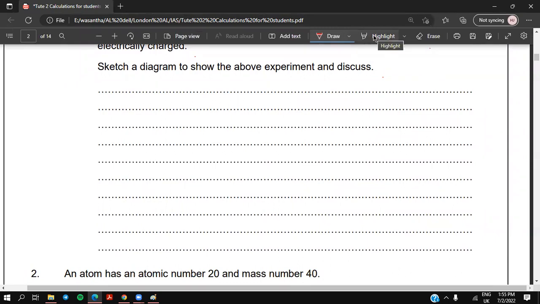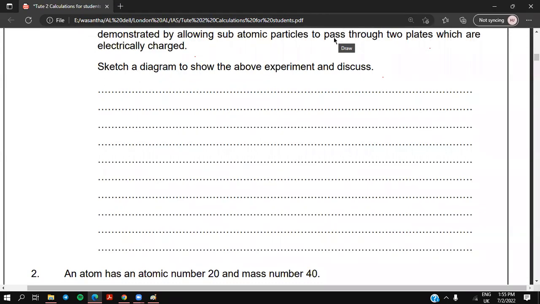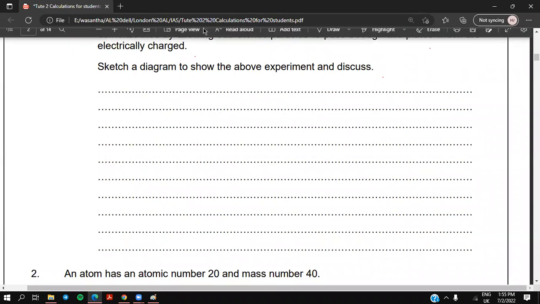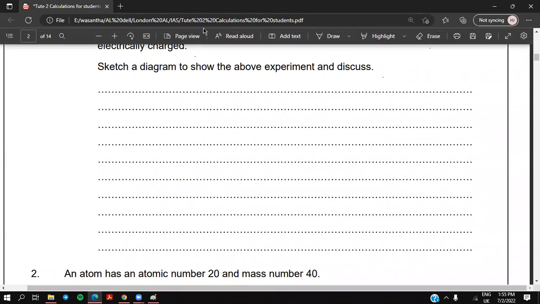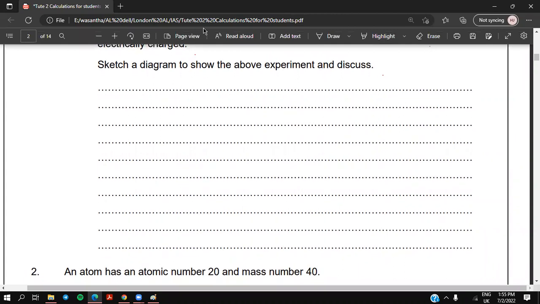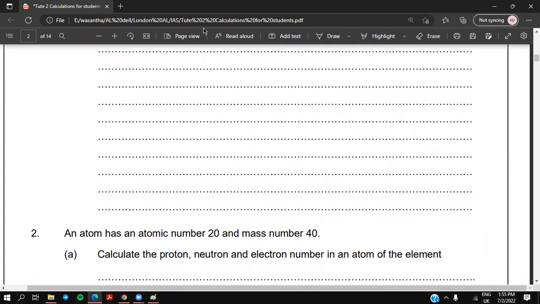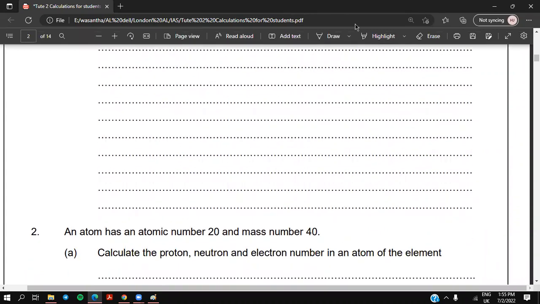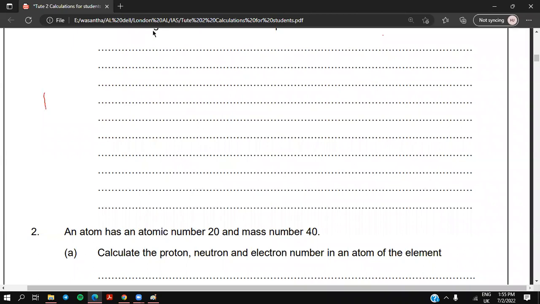Actually, to do this work, I explained this to you last week, and if there's a child who was absent last week, this is a diagram I explained. You can take a metal plate. Actually, you and I can't do this in the laboratory.